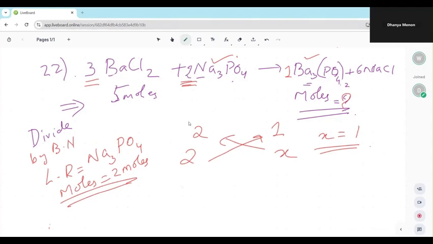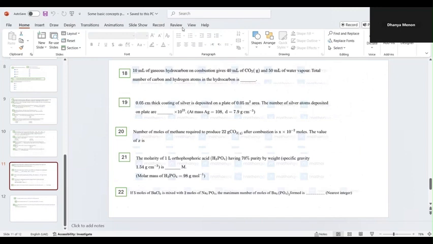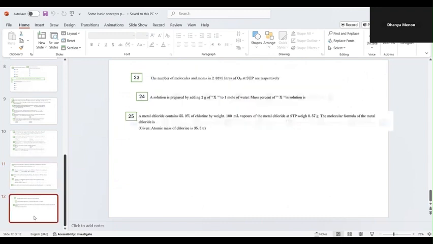Coming to the 22nd question. 22nd we finished, 23rd. The number of molecules and moles in the 23rd question.